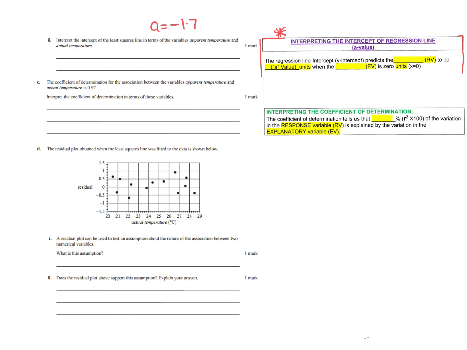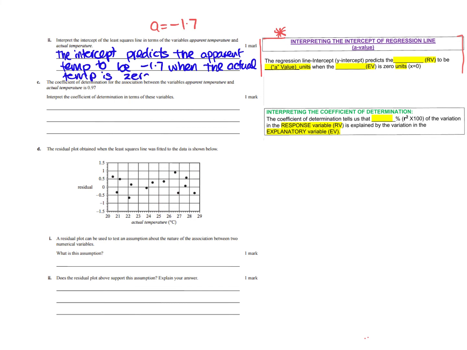We'll just say the intercept predicts apparent temperature to be negative 1.7 when the actual temperature, so that was the EV, is 0 degrees Celsius.